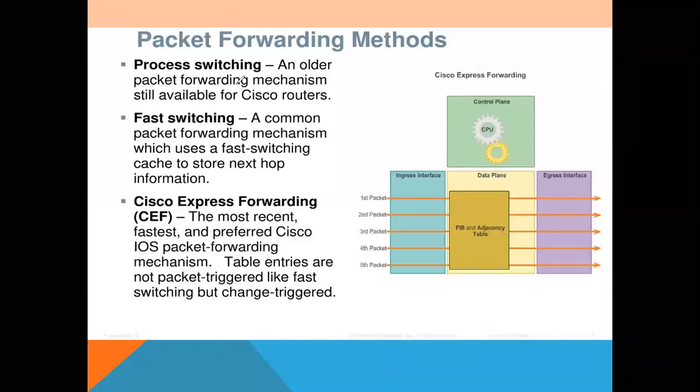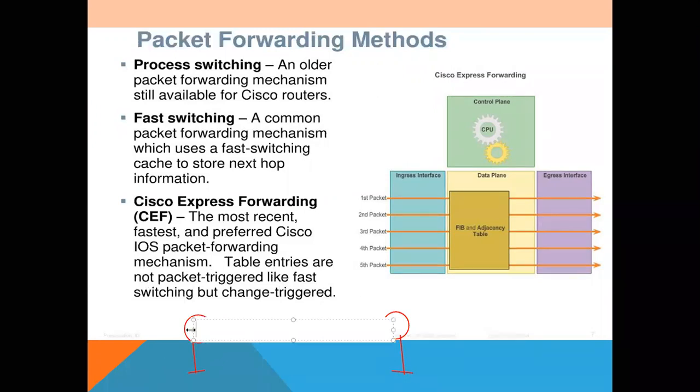Let's say there are two networks. Let's take two routers, router 1 and router 2, and let's say they are connected like this, and there is some network here and here.